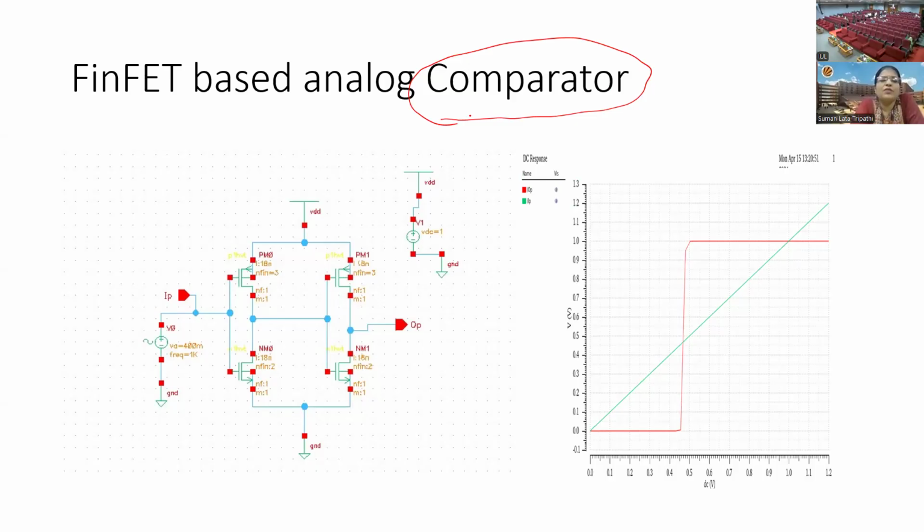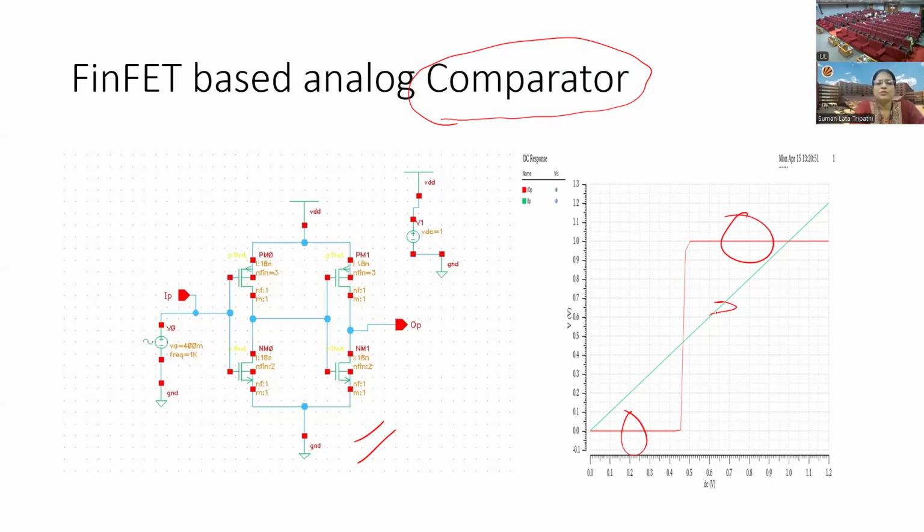This is one of the TIQ based 18 nm FinFET comparators. With this comparator, you can compare the input signal and develop a logic low or high level. Here this is the input signal, and logic low and logic high change according to the signal value.